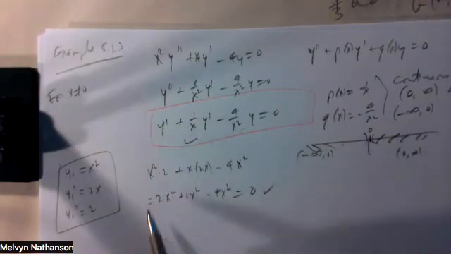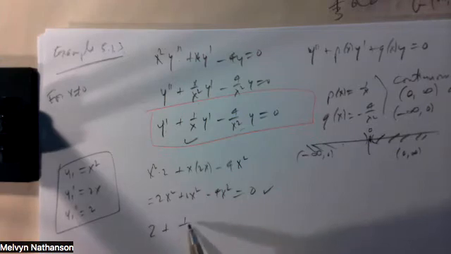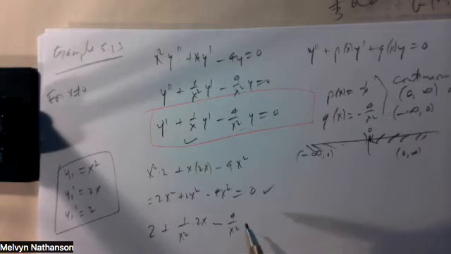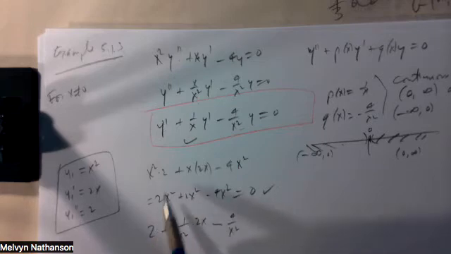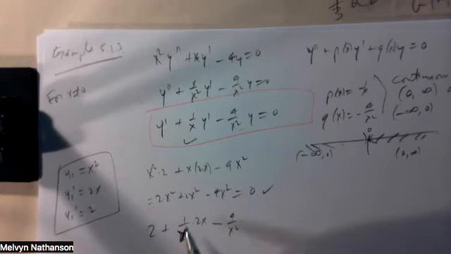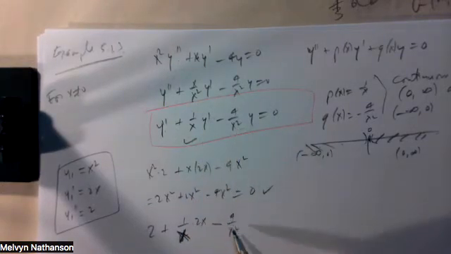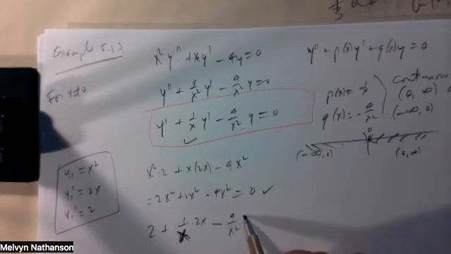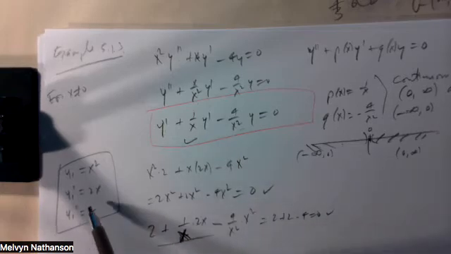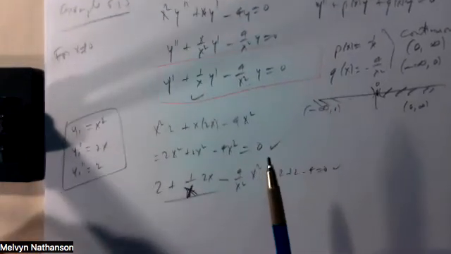We get y double prime, that's 2, plus 1 over x times y prime, which is 2x, minus 4 over x squared times y, which is x squared. I get 2 plus 2 minus 4, which is again 0, which checks. So I could use either of these two equations to check the solution y1.